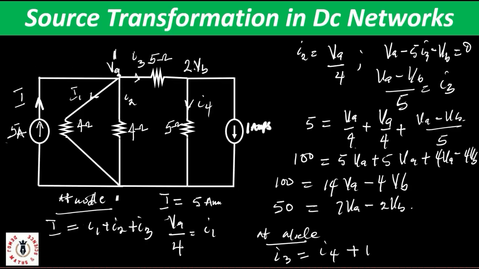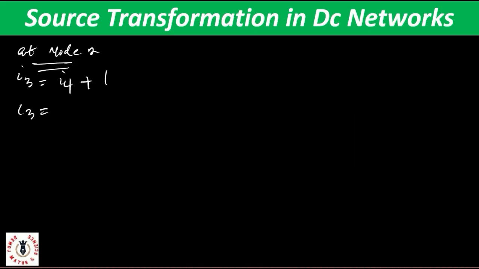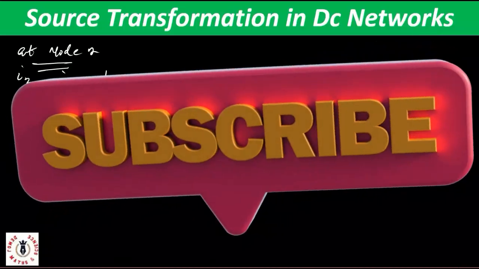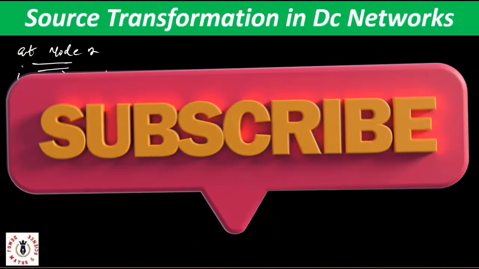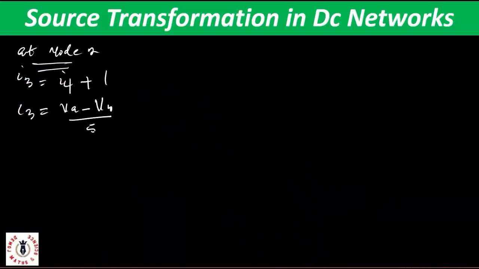So at node 2, I3 is equal to I4 plus 1. Let's remember that I3 has been defined from node 1, so we can easily pick that. Here is I3 as VA minus VB over 5.